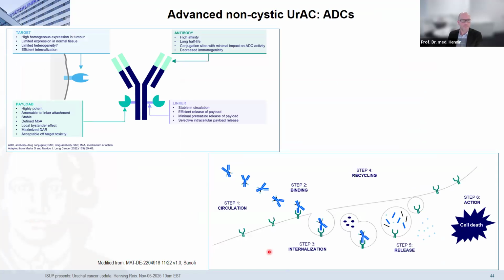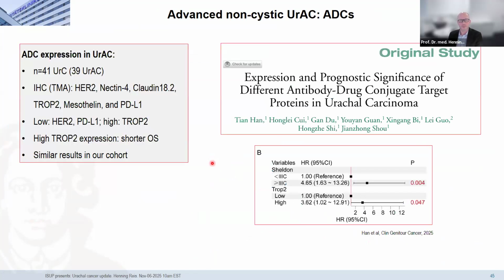Also, antibody-drug conjugates are a thing now in urachal cancer. We all know this concept from trastuzumab deruxtecan or others, and also in bladder cancer from enfortumab vedotin or sacituzumab govitecan. I will not go into detail here. So what's the expression of these targets in urachal cancer? This is a study from China, from Han and colleagues. They analyzed 41 urachal cancer cases in a TMA-based approach for HER2, Nectin-4, Claudin 18.2, TROP2, mesothelin, and PD-L1.